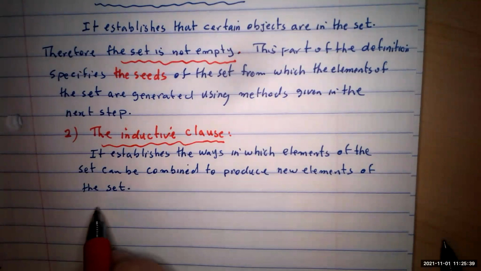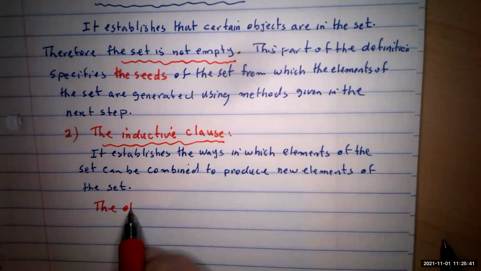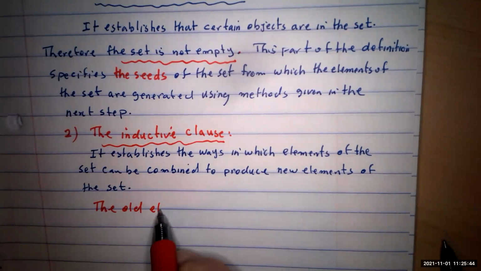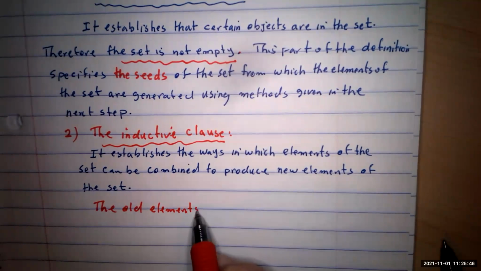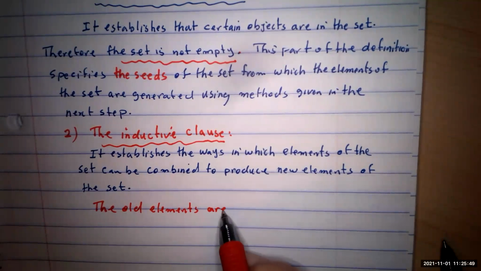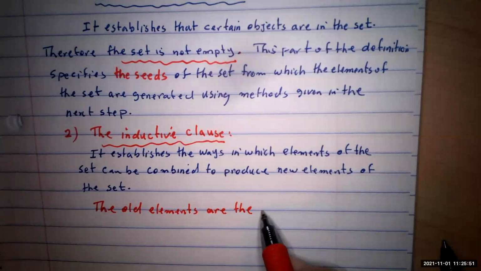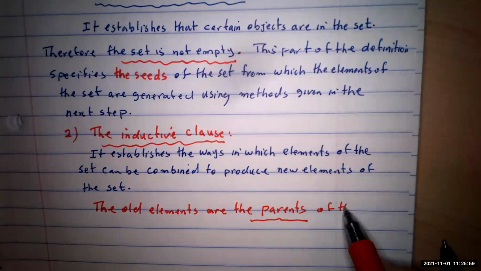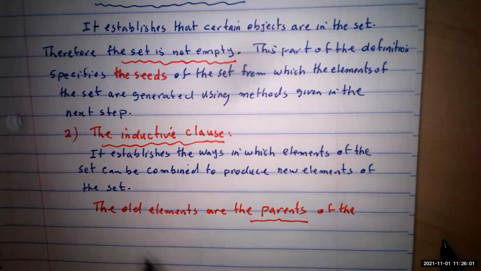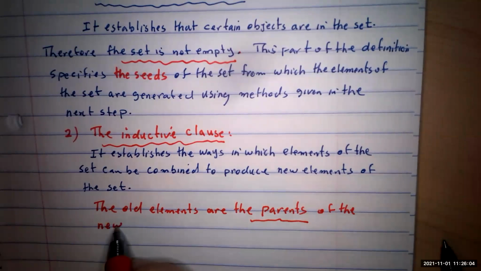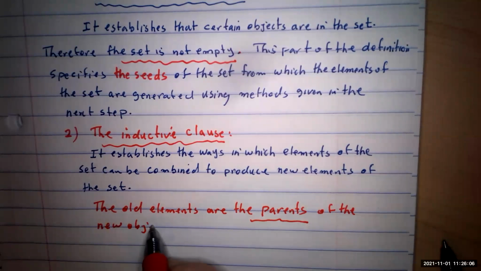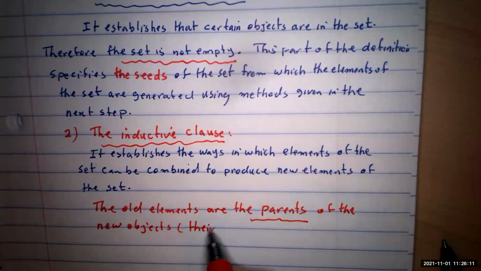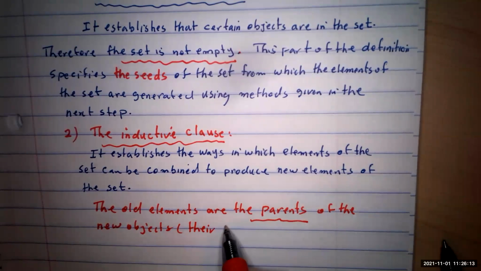So my interpretation is that the old elements are going to be the parents of the new elements, which are going to be the children, the new objects.